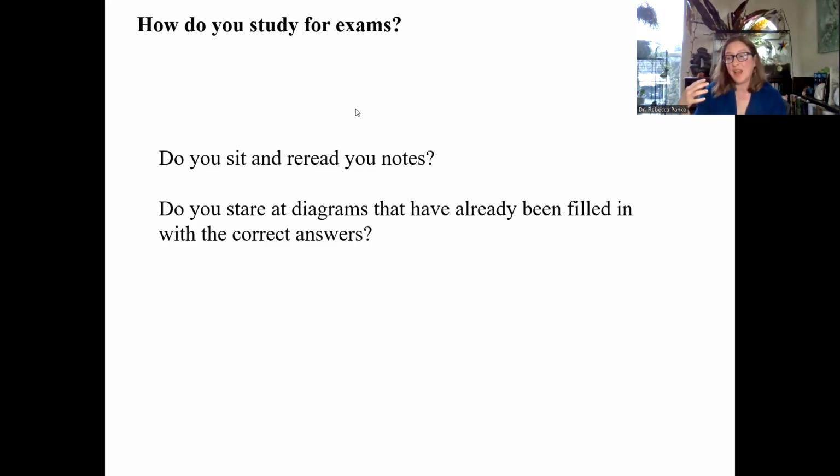That kind of is a perfect segue into where I was going to go with this. Sitting and rereading the notes or staring at diagrams that have already been filled in with the correct answers typically doesn't work, because you're not really engaging the content that you're trying to learn.